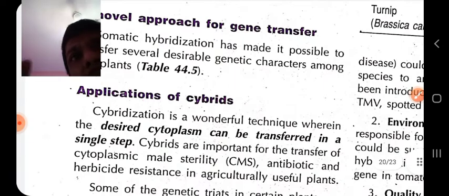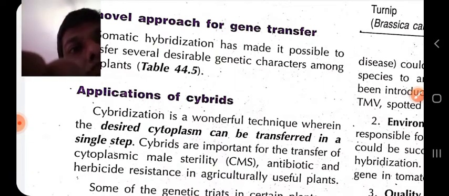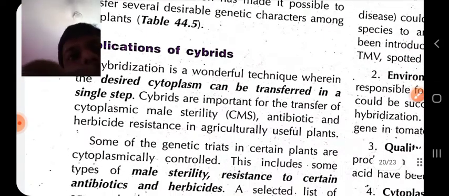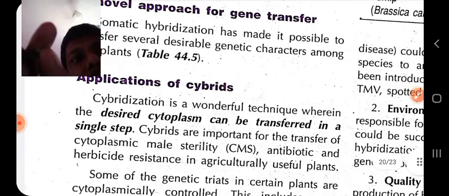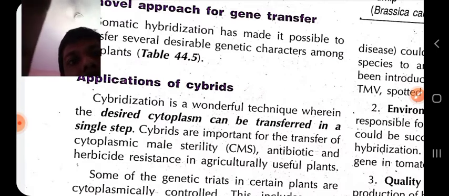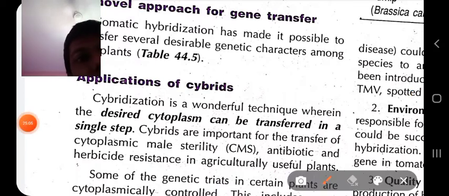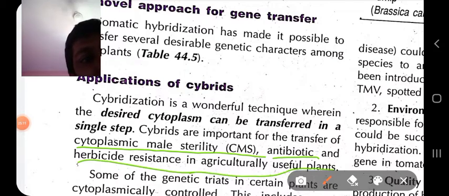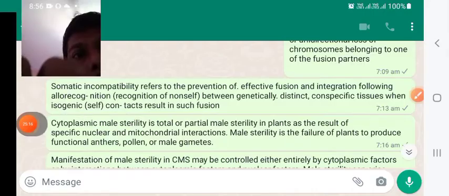Now, what are the advantages or applications of these somatic hybrids? Hybridization is a wonderful technique where the desired cytoplasm can be transferred in a single step. Hybrids are important for transfer of cytoplasmic male sterility and antibiotic and herbicide resistance in agriculturally useful plants. What is cytoplasmic male sterility?